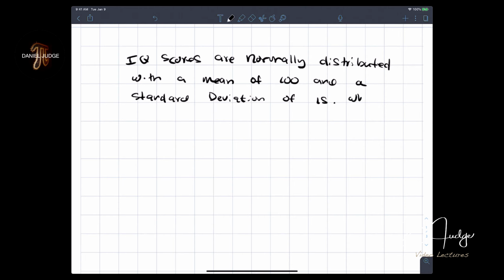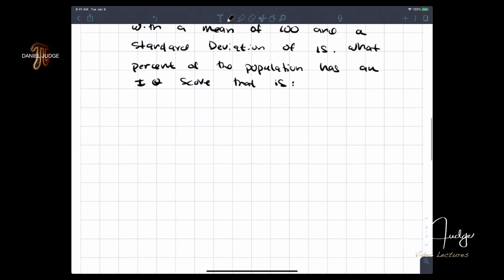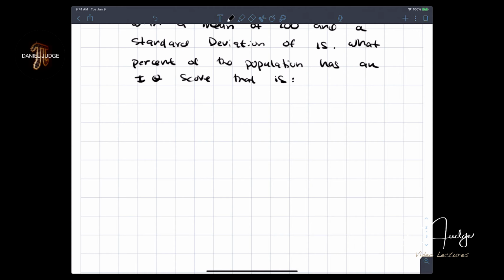Now they're going to say, what percent of the population has an IQ score that is: Question 1, more than 90.